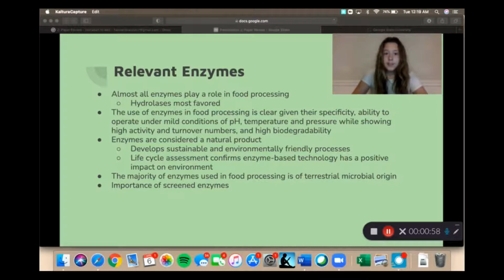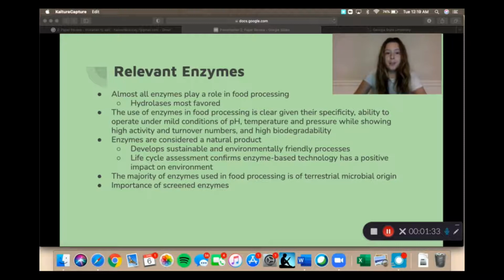Enzymes are also considered a natural product which contributes to their sustainable and environmentally friendly processes, since there is a low amount of byproducts and the energy requirements are relatively low for these reactions. The life cycle assessment confirms that enzyme-based technology has a positive impact on the environment, and the majority of enzymes used in food processing is of terrestrial microbial origin.